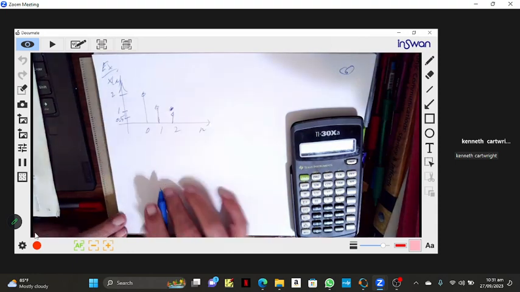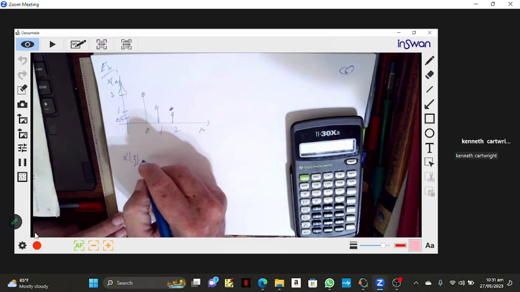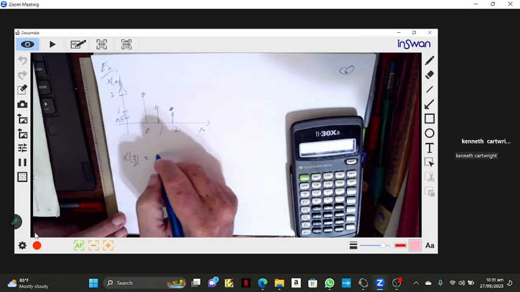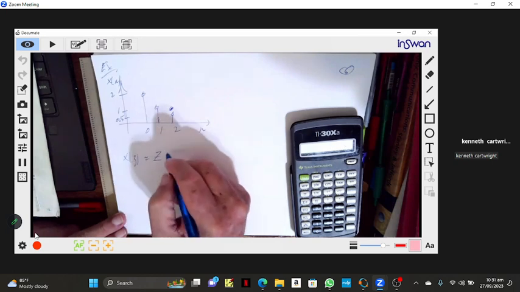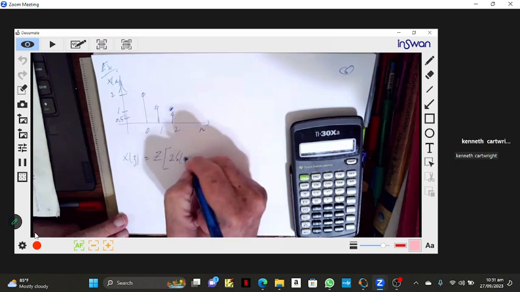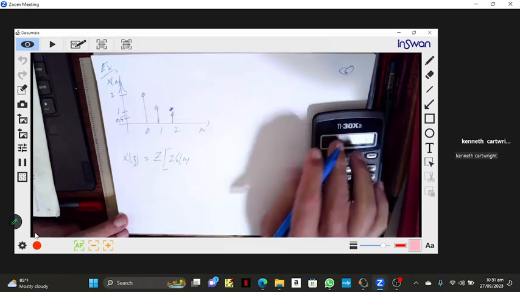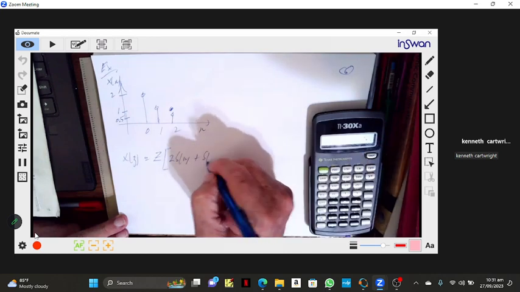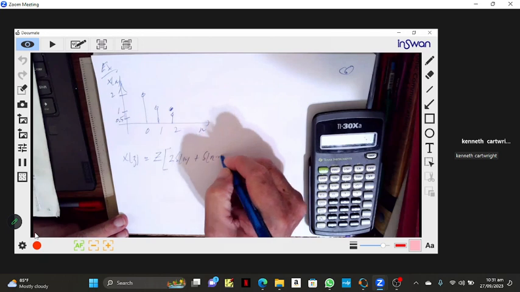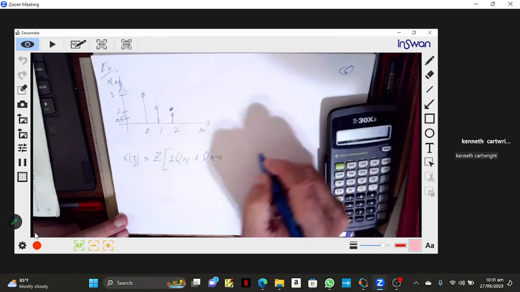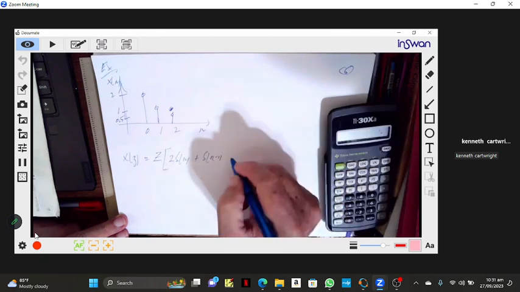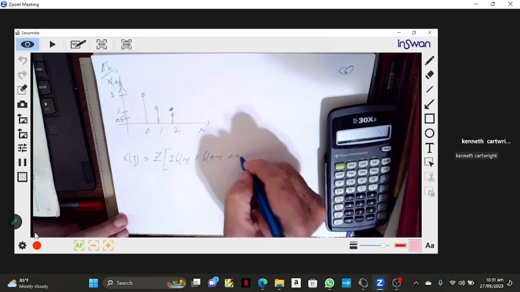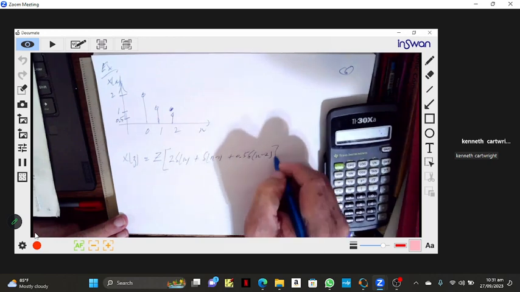What's x of z? X of z is the z transform of 2 delta of n plus delta of n minus 1 plus 0.5 delta of n minus 2.